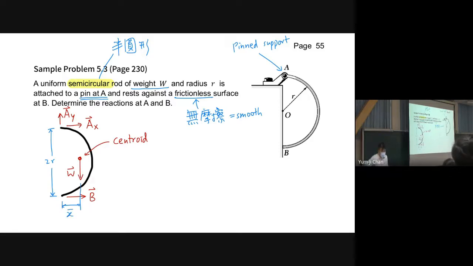This is point A and point B. So is it a two-force body, a three-force body, or neither of them?